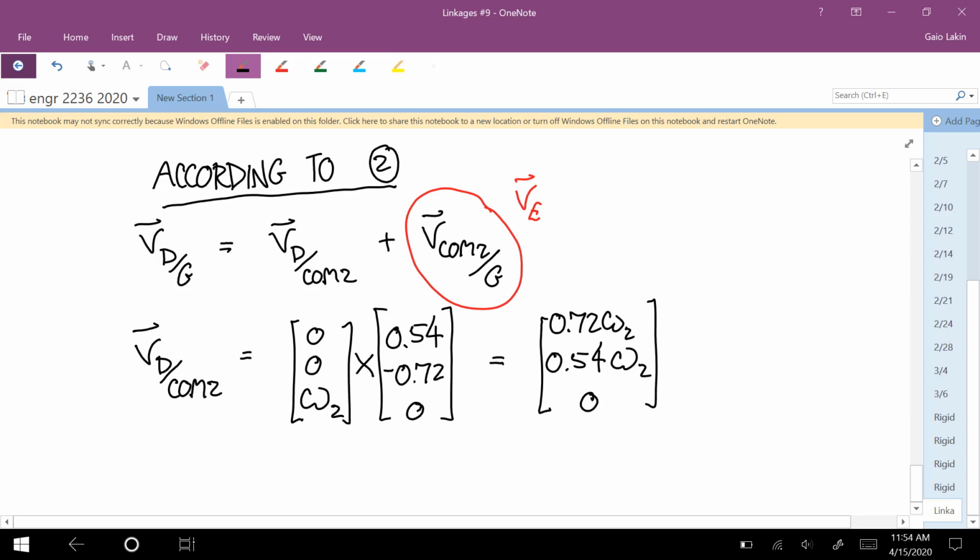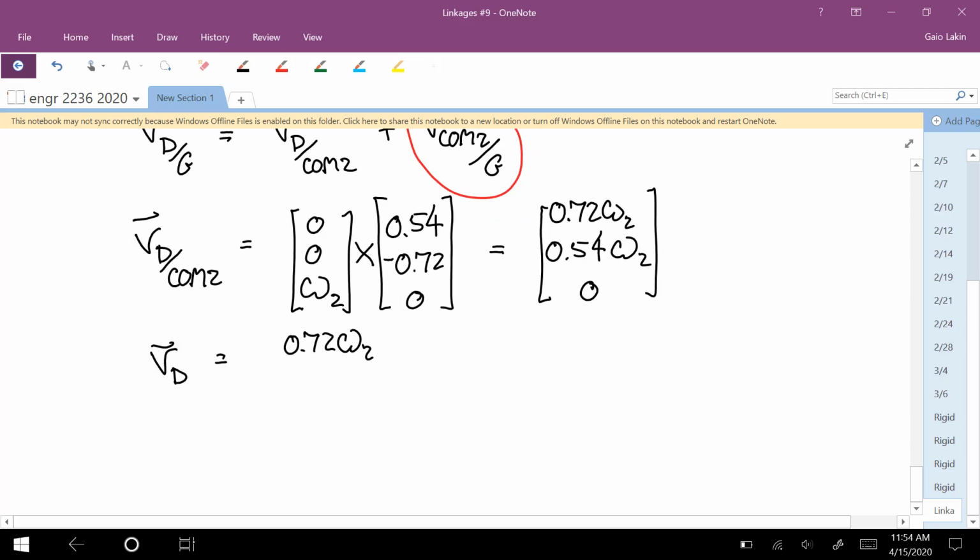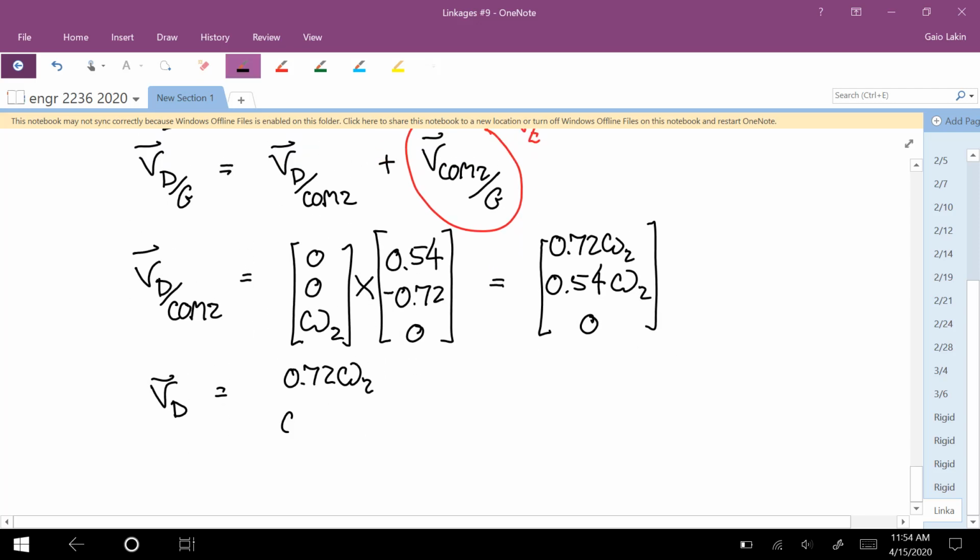And so the velocity of D, which is what we're trying to get, is 0.72 omega 2, 0.54 omega 2, plus the velocity of E, X and Y components.